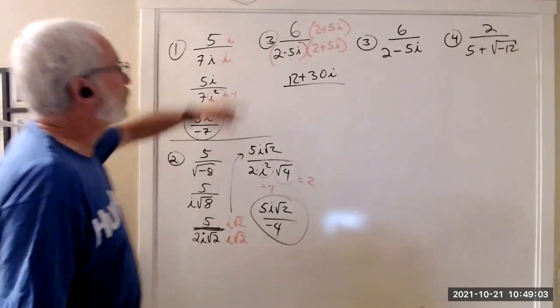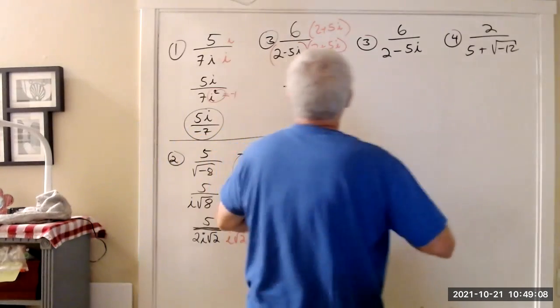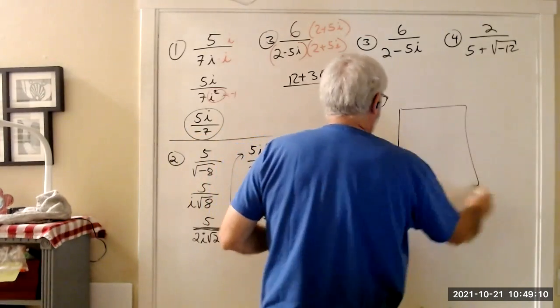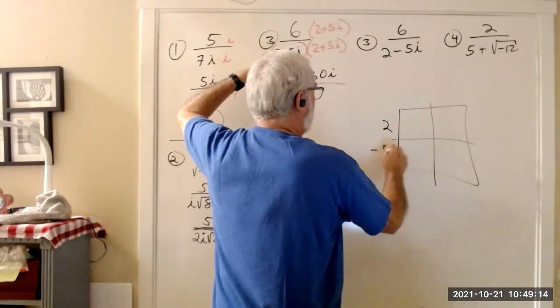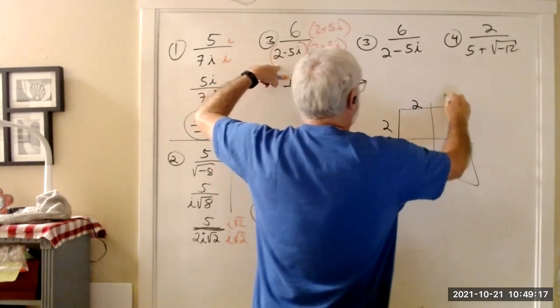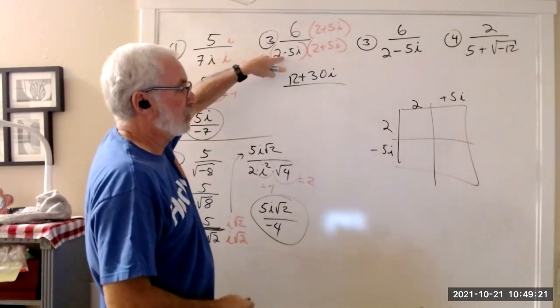Okay. So I distributed the 6 into here. Now I got to go off to my scratch paper, and I'm going to erase this in a minute. So I have 2 minus 5i and 2 plus 5i. That's what I'm trying to multiply together here.